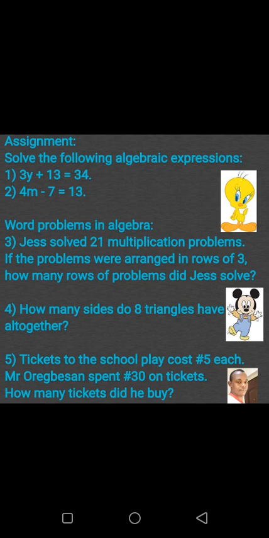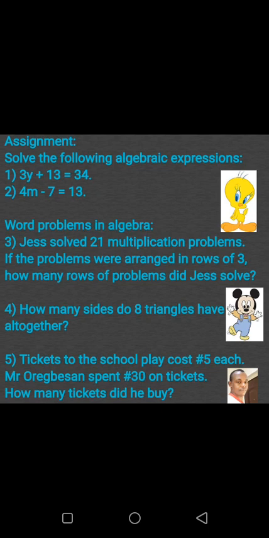Okay, the word problems in algebra now. Number 3 says Jess solved 21 multiplication problems. If the problems were arranged in rows of 3, how many rows of problems did Jess solve? Think about that. If the problems were arranged in rows of 3, 1 2 3, how many rows of problems did Jess solve altogether?